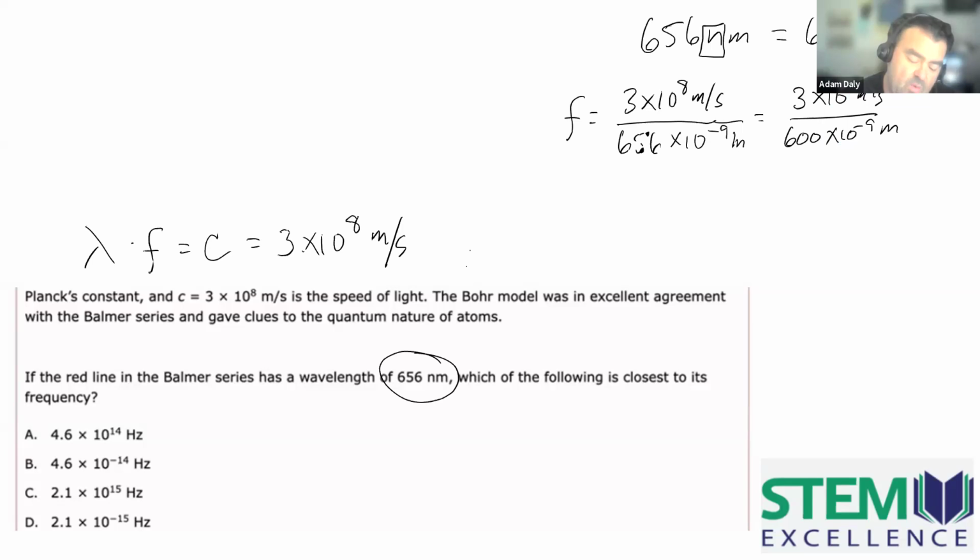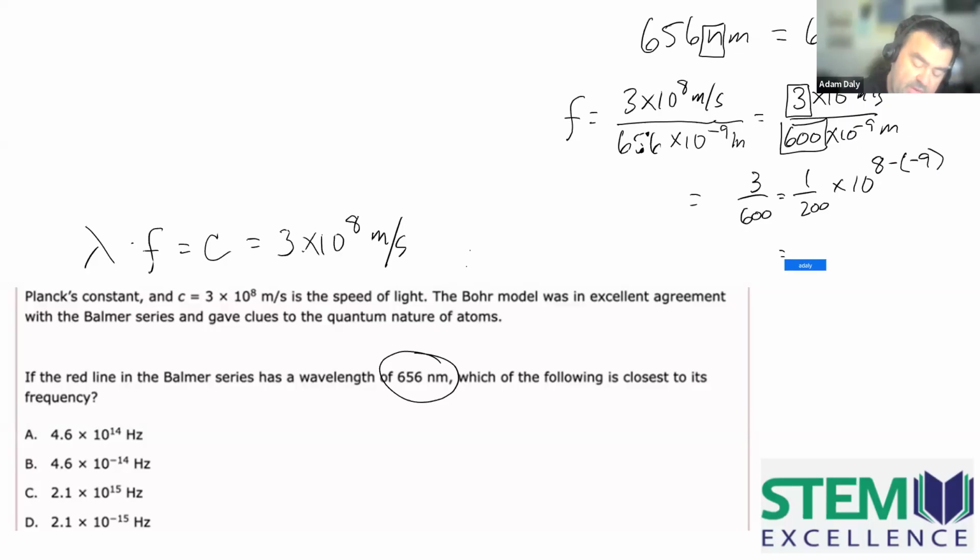Why? Because now we have two numbers that are really easy to work with. We have 3 over 600, which is 1 over 200, times 10 to the 8 minus a minus 9.